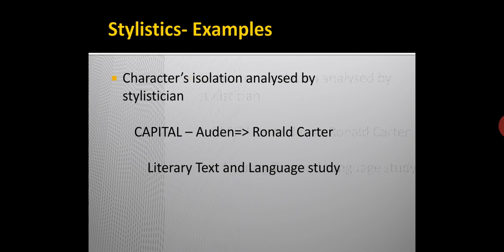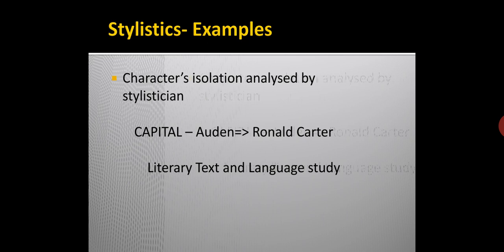Then we started off looking into Capital, a poem written by Auden, which seems to signify a character's isolation, right? As in how each one of us, every single person, is isolated, probably in a city.